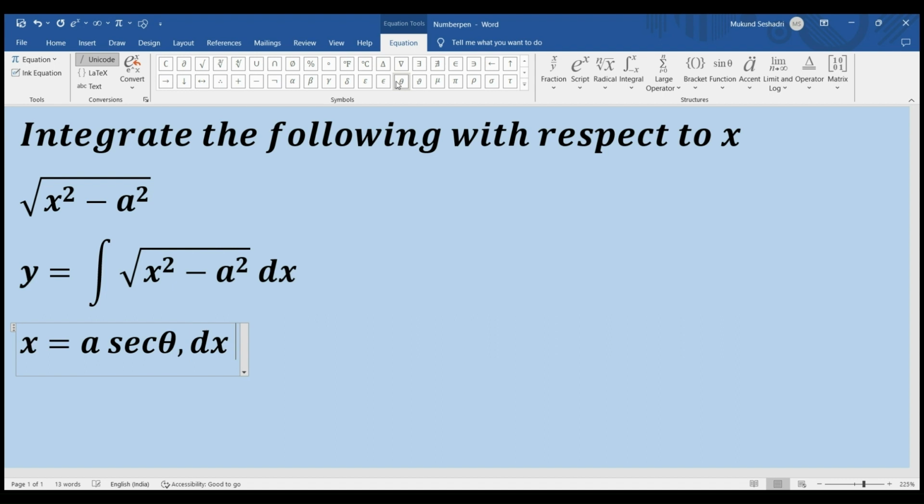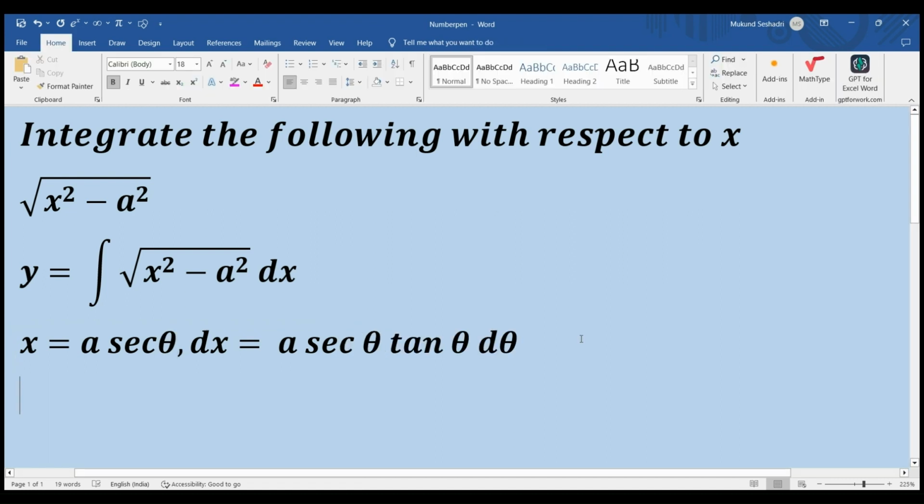But then before that, let's work out our dx as well. What's our dx? When my x is equal to a secant theta, my dx is equal to a times secant theta tan theta d theta, right?